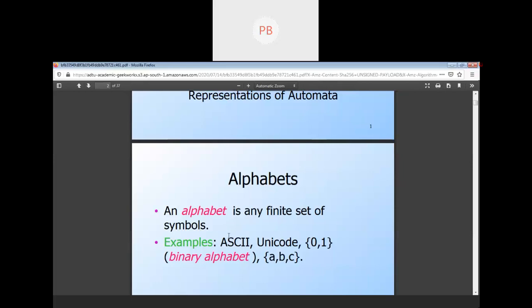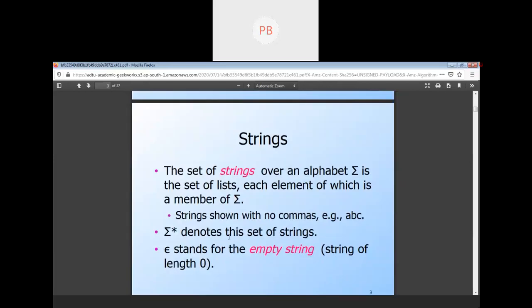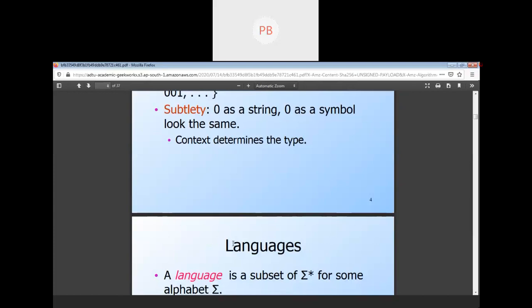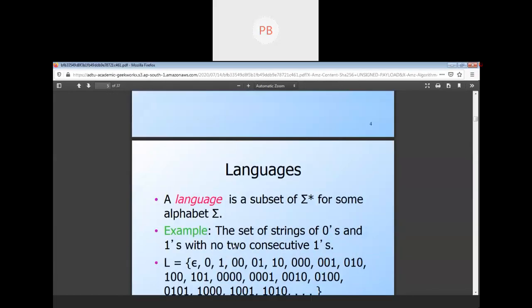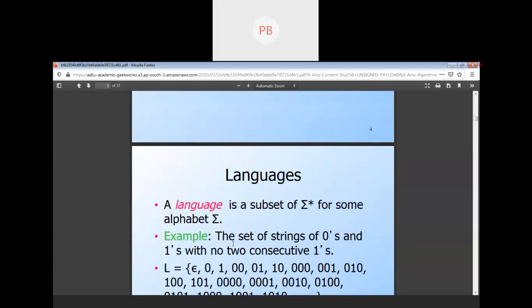No need to write. Then the definition of string. This is also available. No need to write. And in language also, I think this definition is available. Yes, this is also available. No need to write.